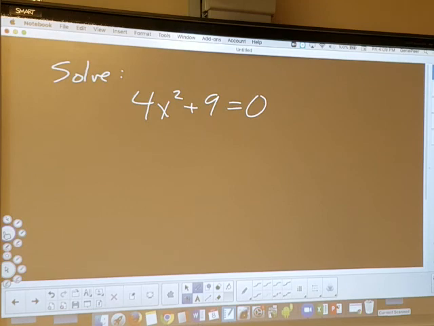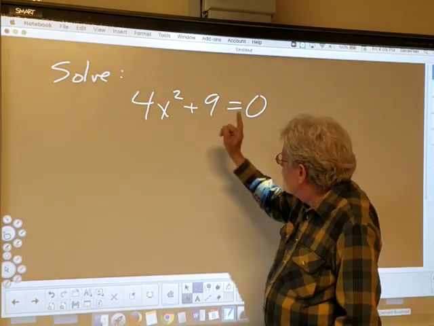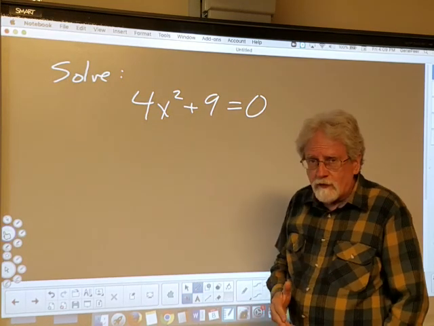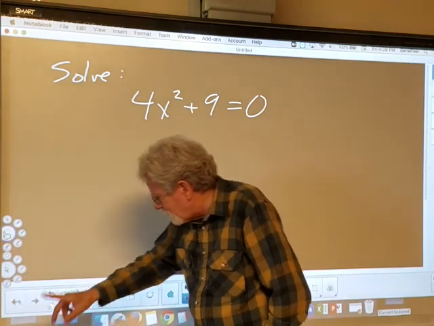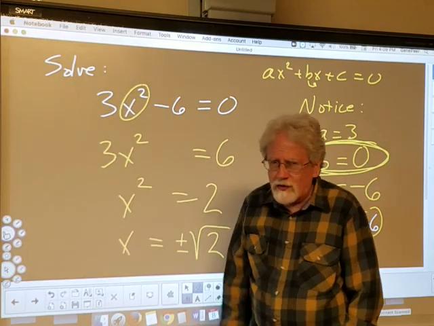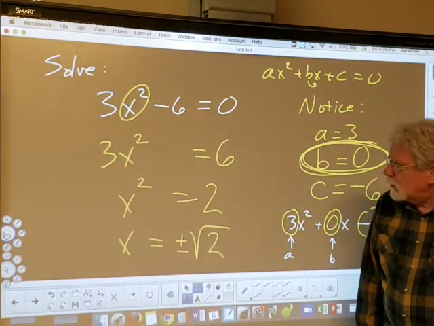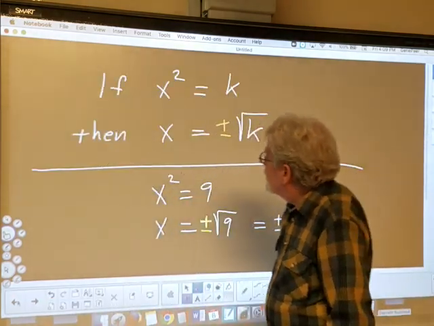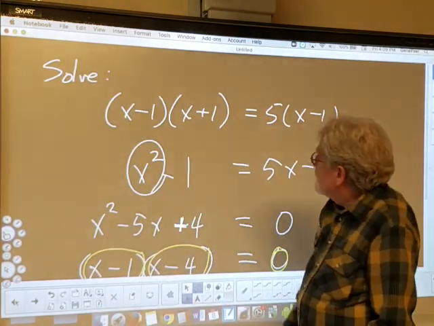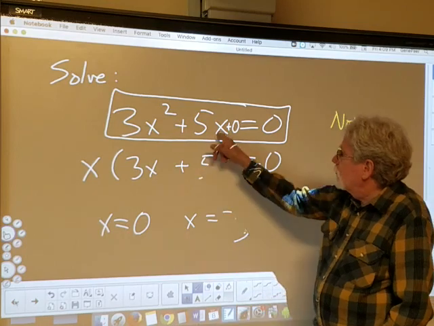All right, let's do this guy. Let's use the same technique. Because there is no b value, a is 4, c is 9, there's no b. So let's just get the x squared by itself. That's another key, another clue here. If x is only in this one place, then just get it by itself. No factoring required. Back here, we couldn't do that because x was in 2 places.